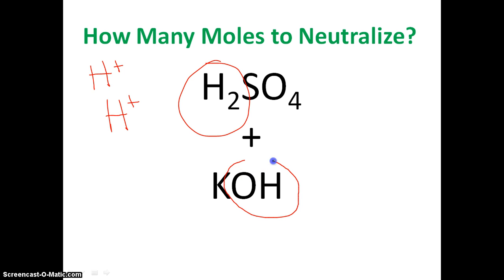However, the potassium hydroxide, when it dissociates, only releases 1 hydroxide ion into the solution. So, how many moles of each would we need to neutralize? Well, if we had an even ratio, you could see that the ratio 2 to 1 would not satisfy this. So overall, for every 1 mole of H2SO4 we would need 2 moles of KOH to balance itself out, allowing it to be neutralized.